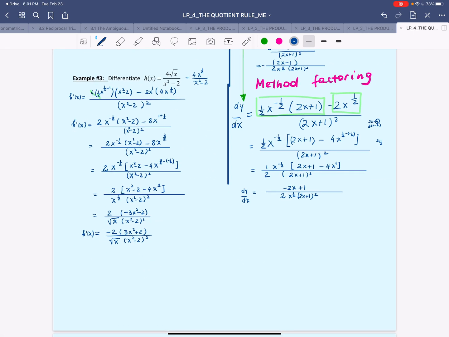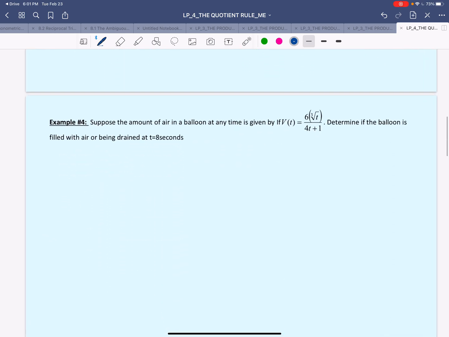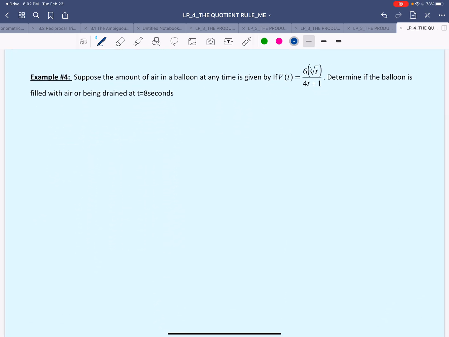All right, example 3, everyone. Let's move on and see what's waiting for us. So the next example is sort of an application question. Suppose the amount of air in a balloon at any given time is given by this equation. We have to find if the balloon is being filled with air or being drained at 8 seconds.